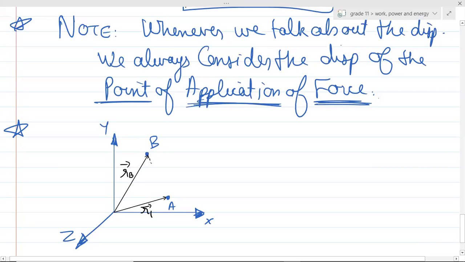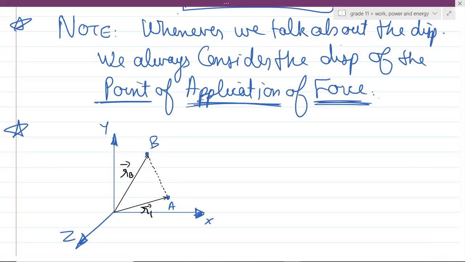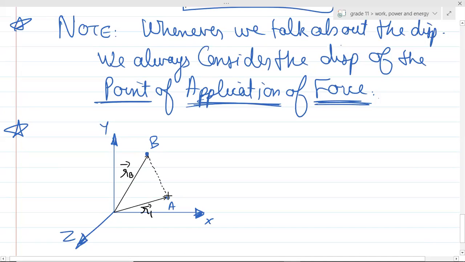Can you see, guys, what will be the displacement from A to B?